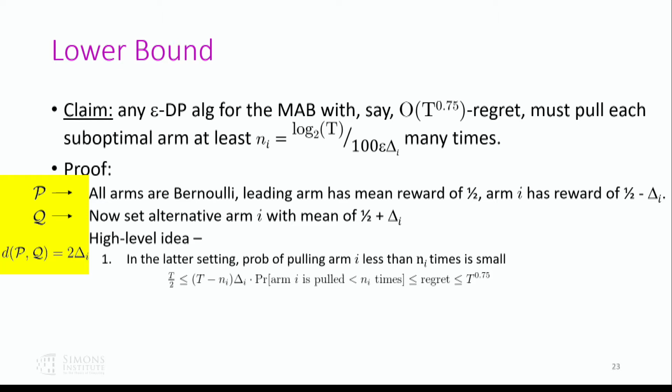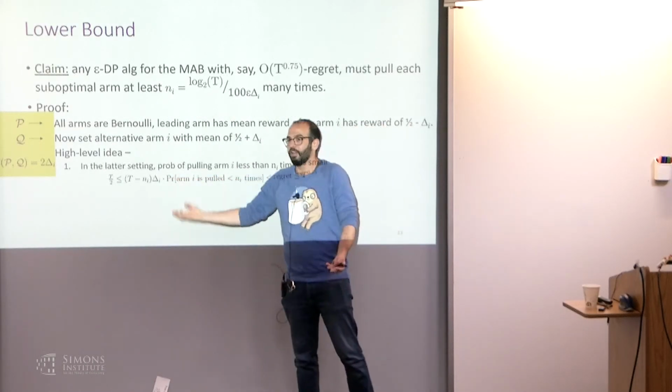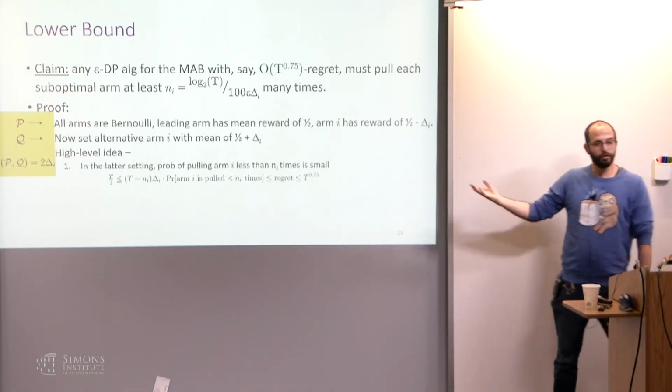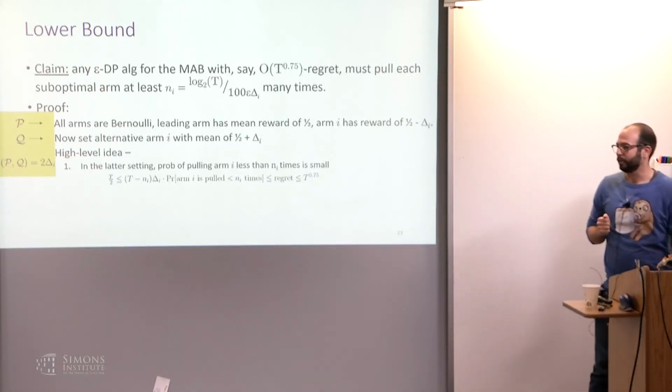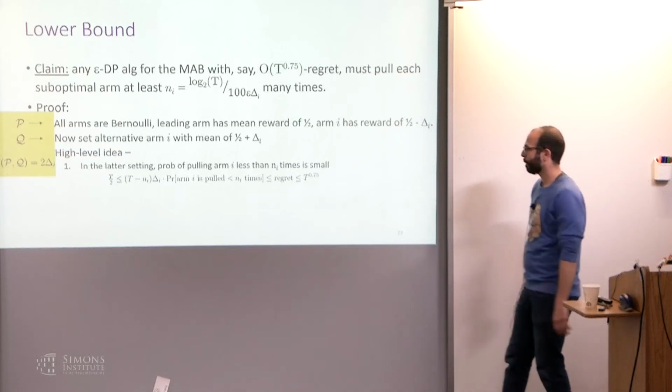But ignore this part, ignore the latter part. The probability that I'm pulling it very few times, all of the regret that I'm accumulating, which is basically linear. So if my expected regret is sublinear, that's going to be 1 over some polynomial in t, the probability of pulling an arm so few times.